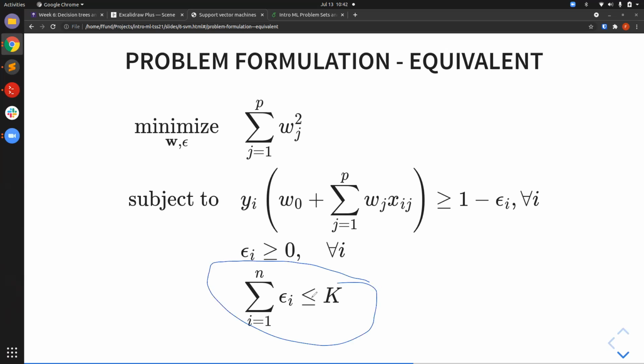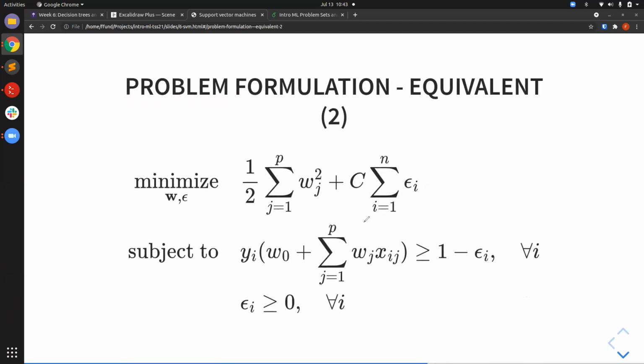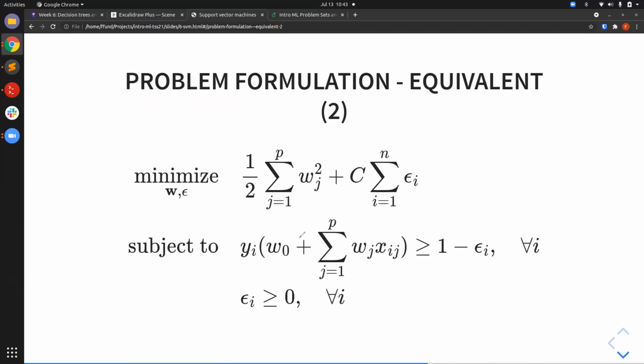We're enforcing that the sum of the epsilons should be less than some constant. We're going to move this constraint into the objective function by saying some other constant times the sum of epsilons is in the objective. So by minimizing this overall objective, we're enforcing that constraint. So that leads us to this equivalent form.